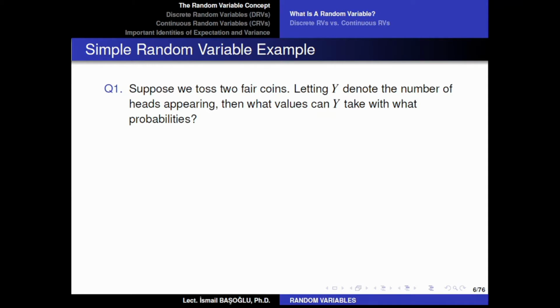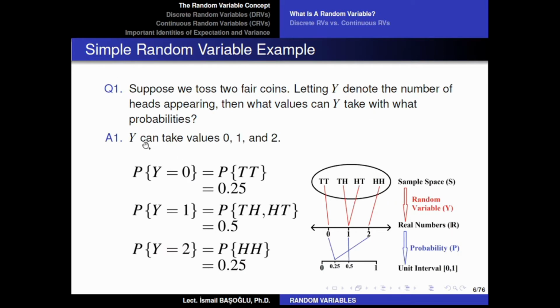Obviously, it is 0 because if you get two tails in these two flips, it is possible, then the number of heads appearing will be 0. Now, if you get a single head, then Y is going to take the value 1. And if you get two heads in these two coin flips, then Y is going to take the value 2. So what values can Y take? We know that the possible values that Y can take are 0, 1, and 2.